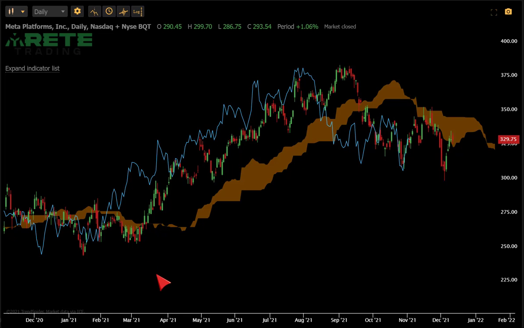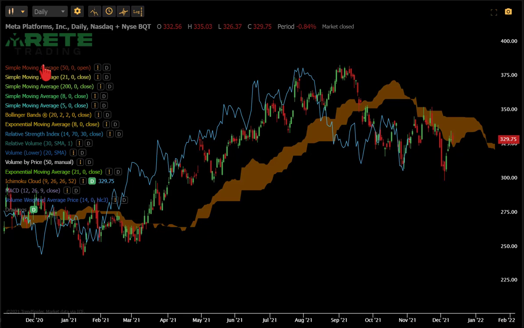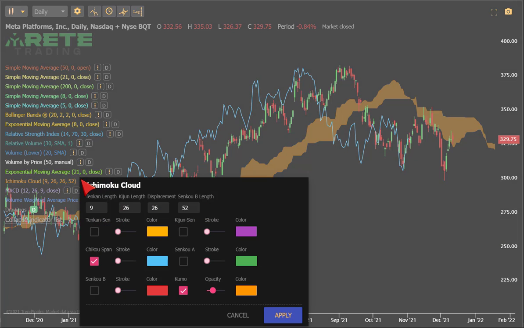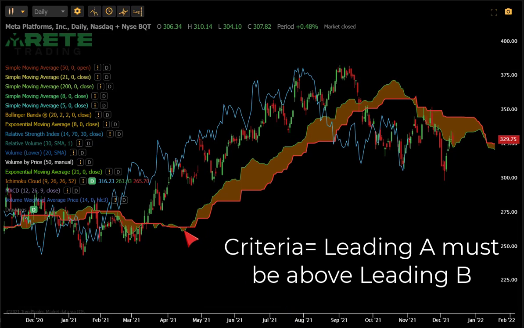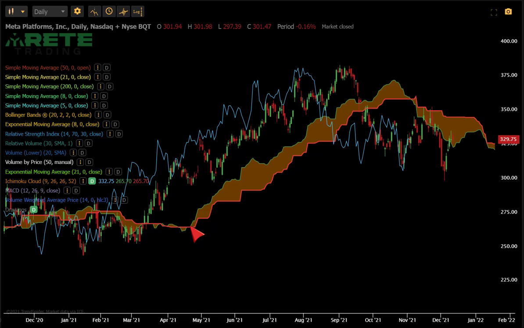Now, leading A must be above leading B. Well, that's very simple to do and understand. So we just put leading A in and leading B in. And make them these colors because we're so used to it with our candlesticks. So I just make them green and red. It's very simple. You know, green go, red stop.